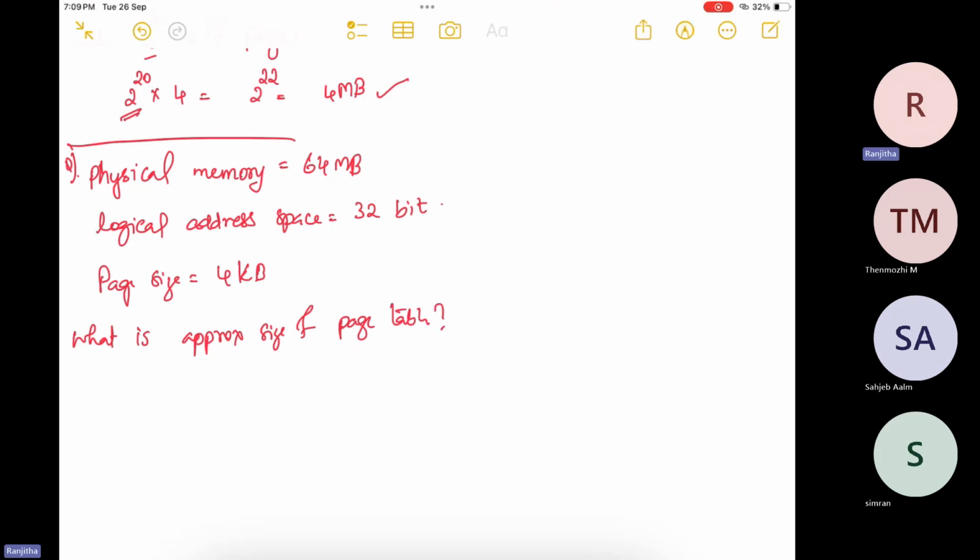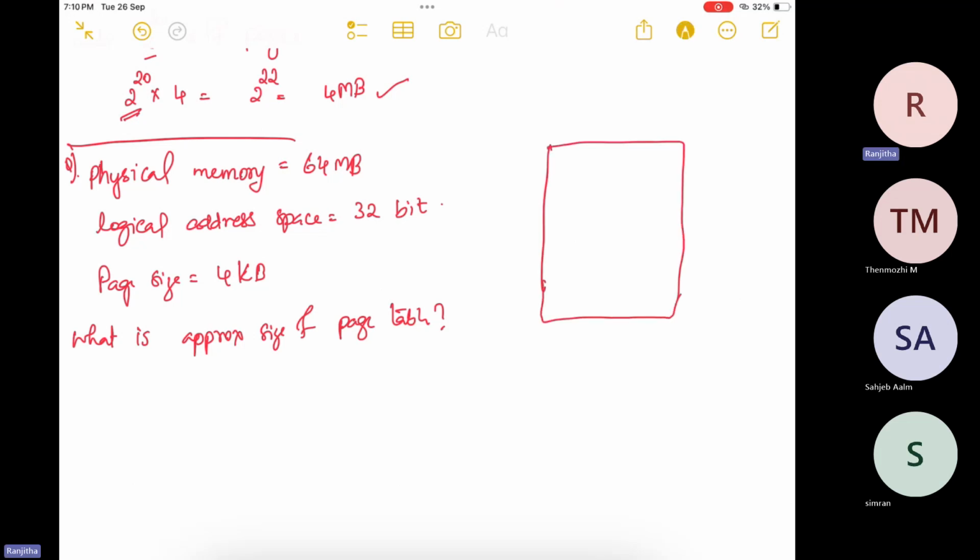So here we are given physical memory 64 MB, logical address space 32 bits, page size as 4 KB. Here both the parameters are not given, right?